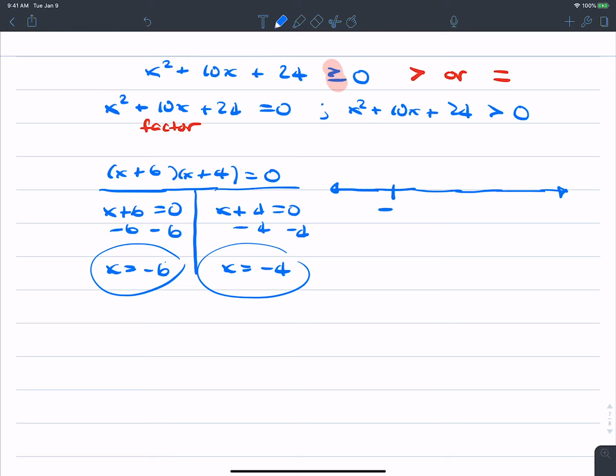So we label negative 4, or actually it's the other way around. Negative 6, negative 4 here. Larger numbers are to the right. So this is where my quadratic equals 0, so I label that equal to 0. Now this partitions the real number line again into 3 regions. 1, 2, 3.